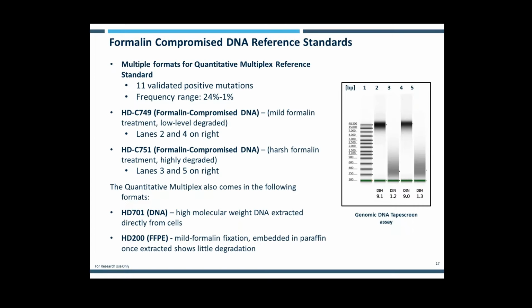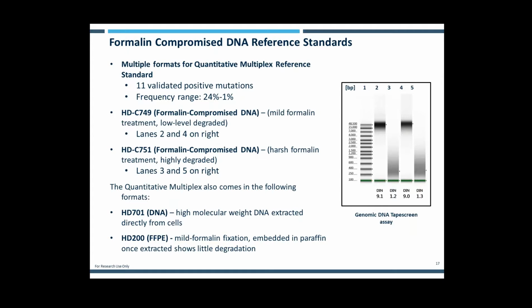So when we think about the offerings that Horizon has for FFPE or formalin compromised materials, we're really considering how these perform differently in an NGS assay with regard to variability in primer binding, amplification, or even exclusion during size selection as a result of the high fragmentation.